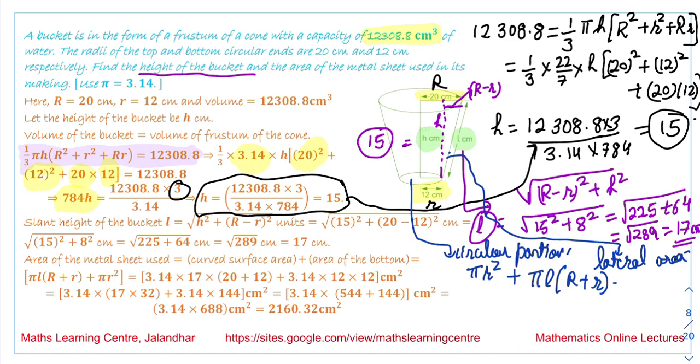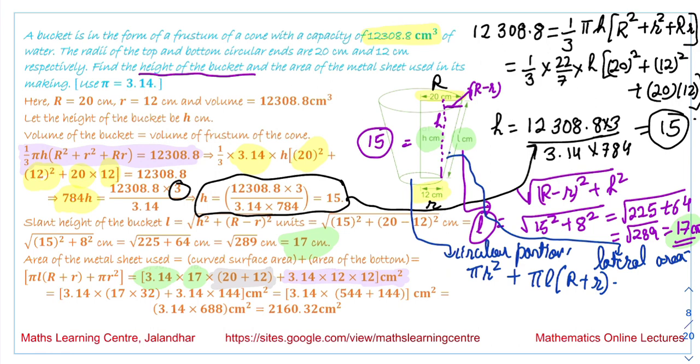So when we substitute these values in this formula, it is 3.14 into L, the value of L we have calculated, which is 17, then capital R plus small r, so 20 plus 12. The next term is plus 3.14 into 12 into 12 centimeter square.